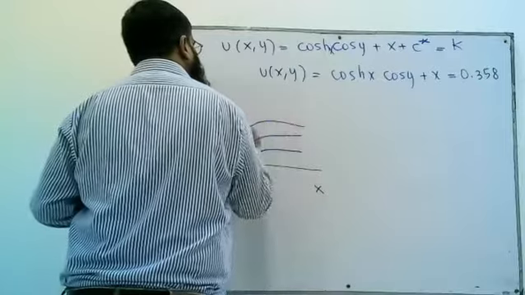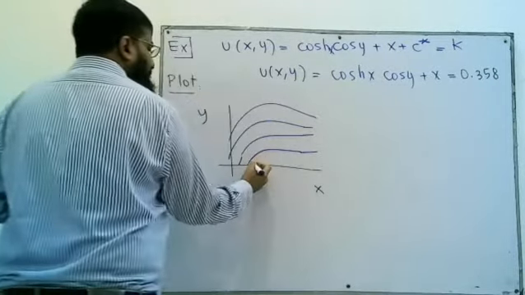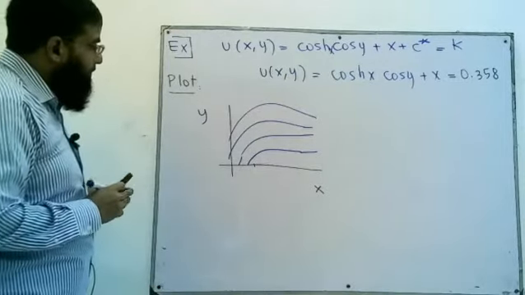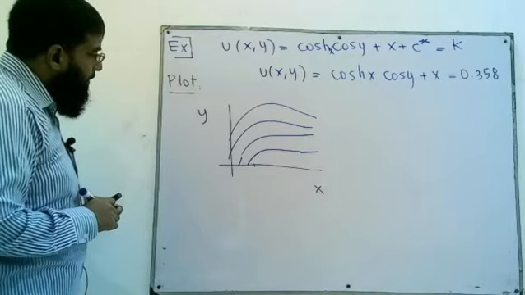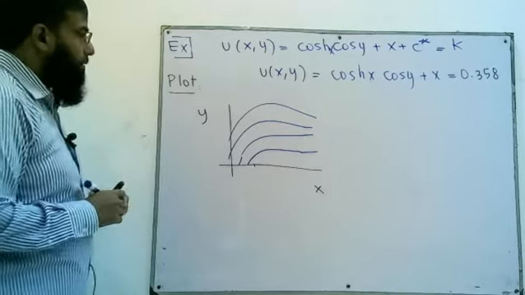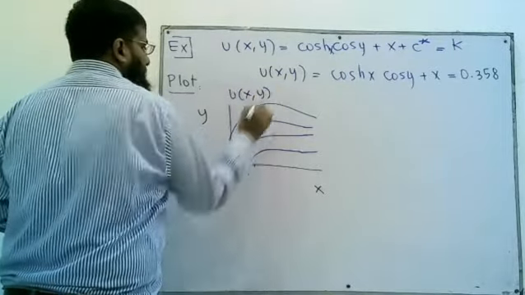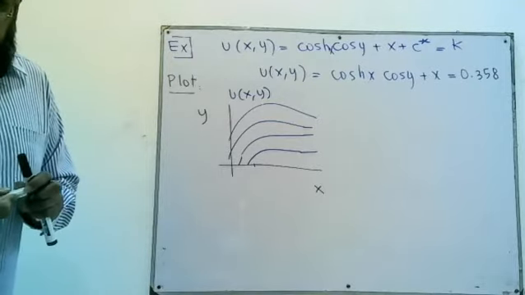You will try different values of x, and for one value of x you will try different values of y, and you'll plot different values of y. So this is x versus y, this is u of x, y. u of x, y would be plotted like this.